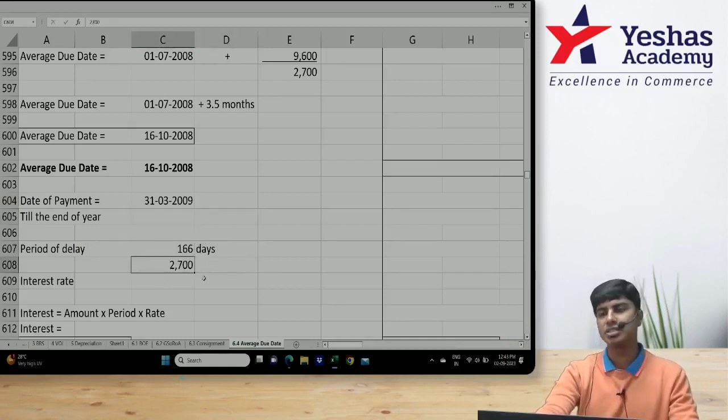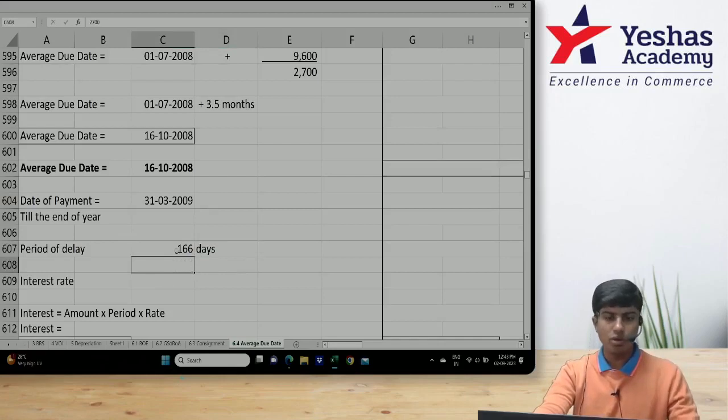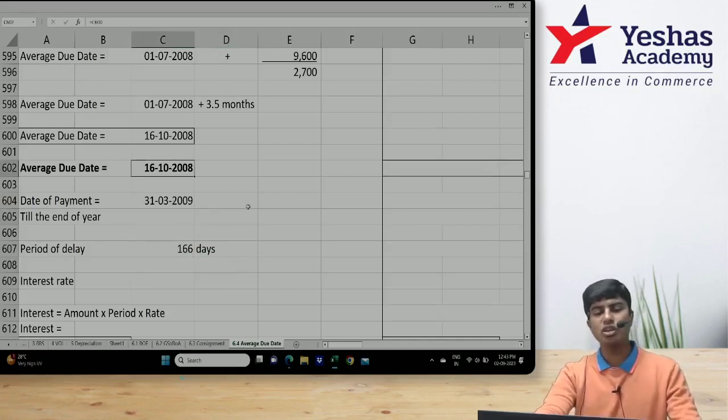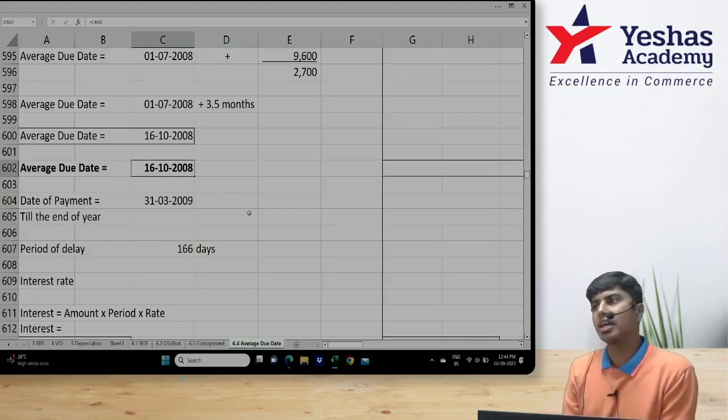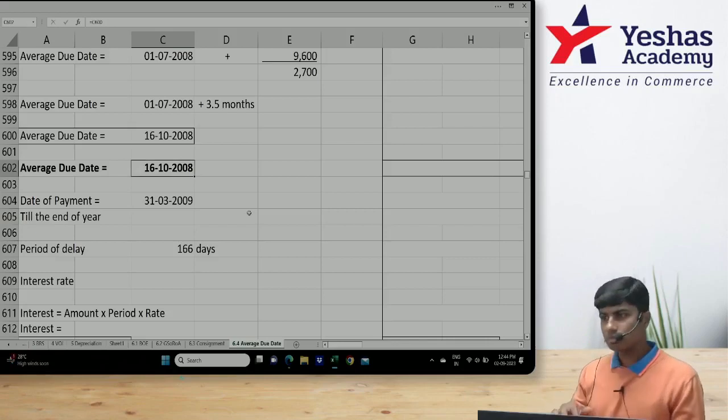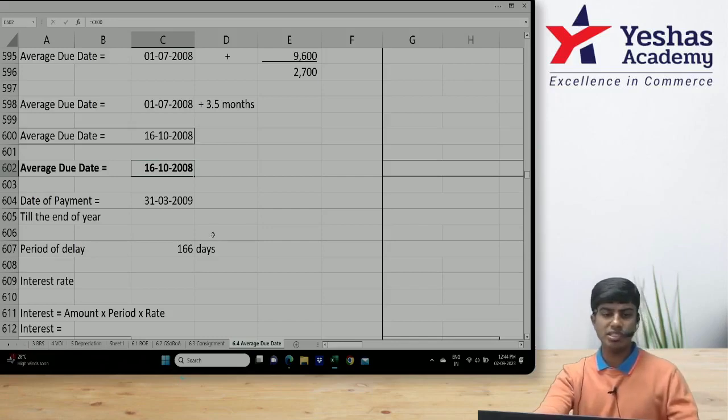Or you can compute days. What is the days that you get? 16th of October. October has how many days? 31. So 16 gone. 15 in October. Plus 30 in November. Plus 31 in December. Plus 31 in January. 28 in February. 31 in March. 166.